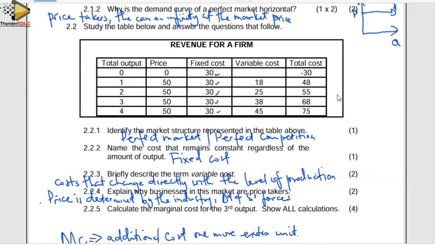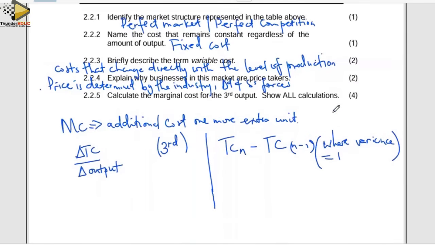For the total cost here, this is the first, the second, and the third. We want to find marginal cost for this unit here. So our change in total cost is going to be 68 minus 55.